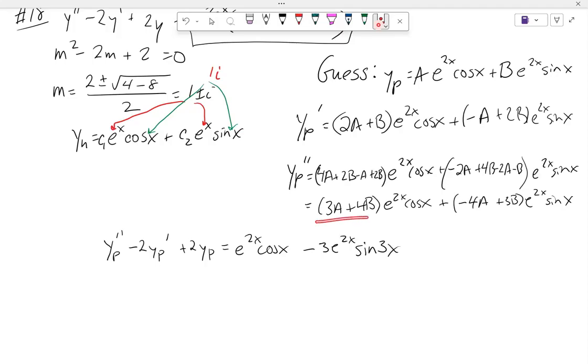So when we take this minus 2 times this plus 2 times that, I have to get the coefficient out in front here, right? So just to write that down, when we take 3a plus 4b minus 2 times 2a plus b plus 2a, that has to equal 1.